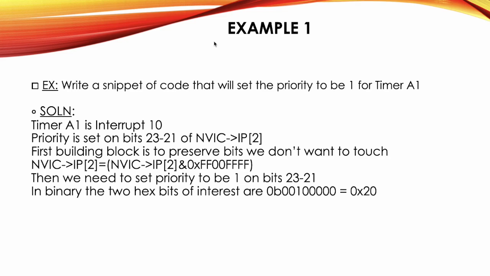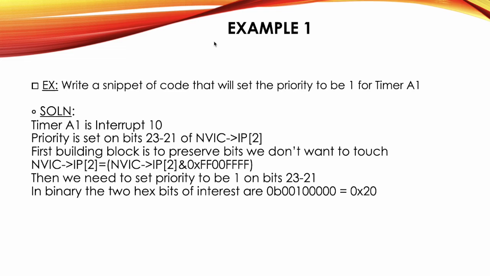In binary, going 23 to 21, 23 is the most significant bit, and 21 is 2 down from that. If I write that in hex, that corresponds to 0x20.